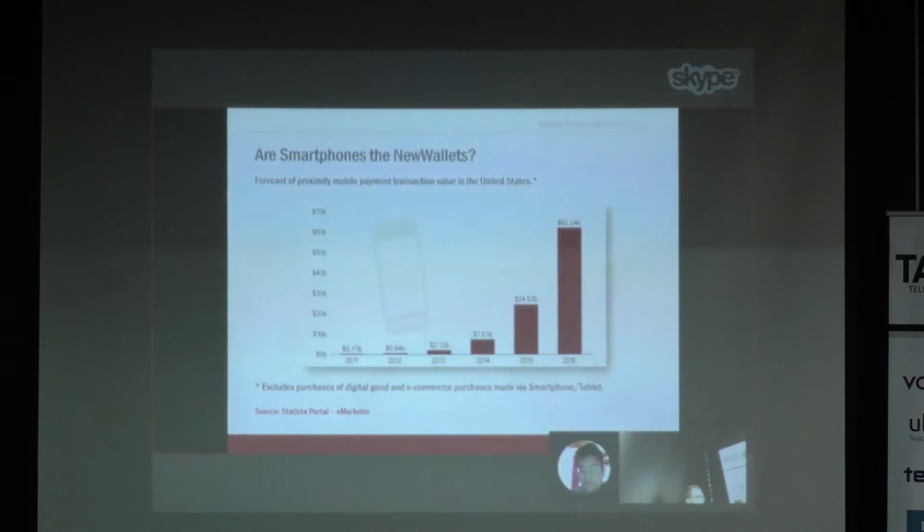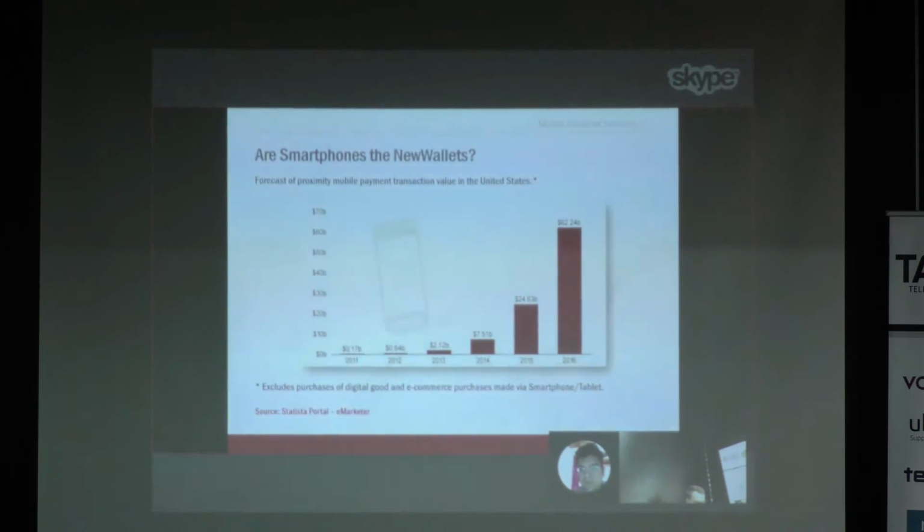Some facts also on the proximity payments, right? So when we say mobile financial services, we're also talking about specialized type of payments like near field communications, NFC. And we've seen in the US, particularly, the use of Google Wallet.